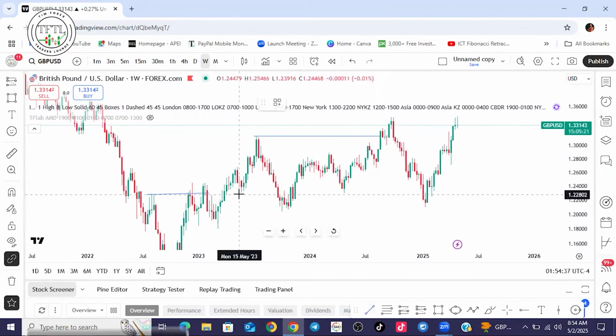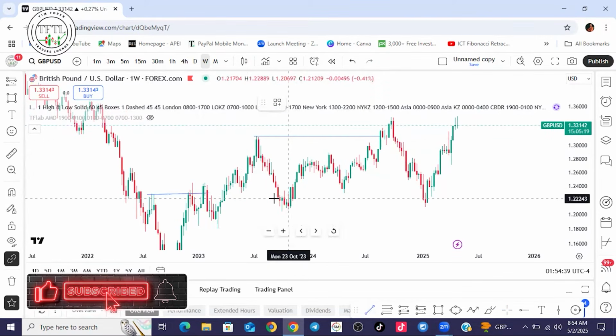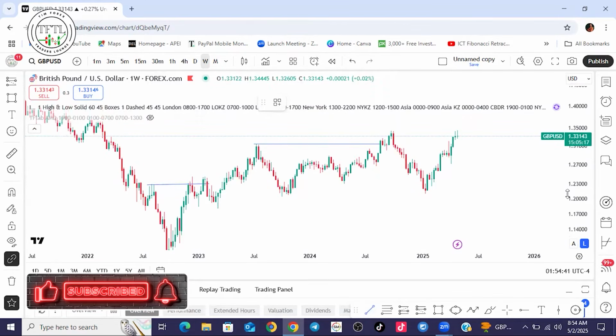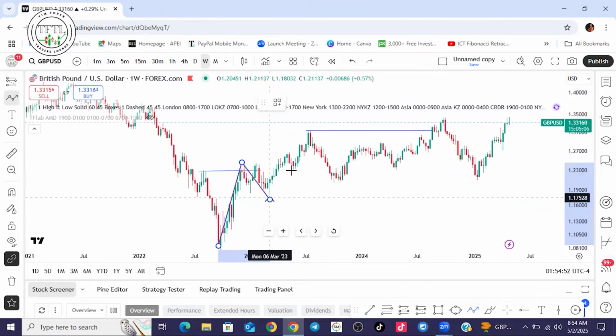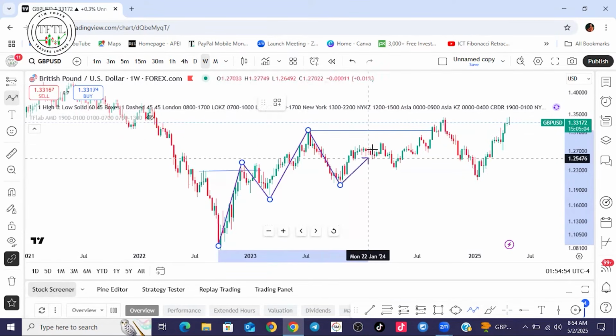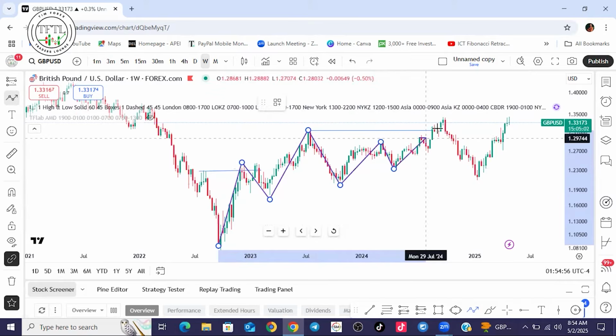But again, at some point here, the price, let me show you that. When we are looking at the trend, you'll find that there are some minor structures within the trend. But this is how I would mark this, like that, like that.